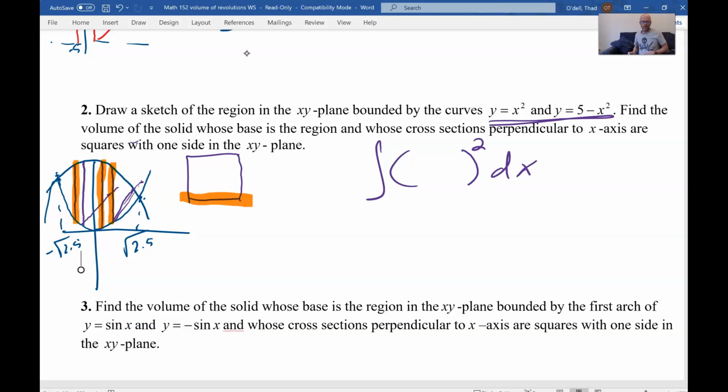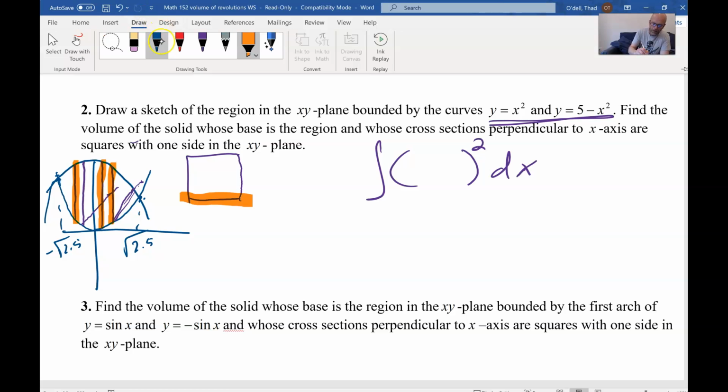So notice as we run through the region, my base is growing for a while and then shrinking, making my square small at first and it gets bigger and bigger and then comes back down. Okay? And again, if you need some help visualizing these, there's a video that's completely committed to those visualizations, so you can go look at that. Okay? So now we're going to go ahead and write the integral.